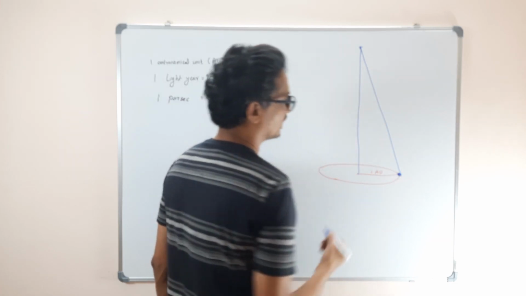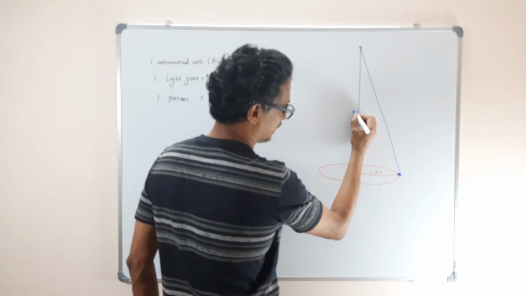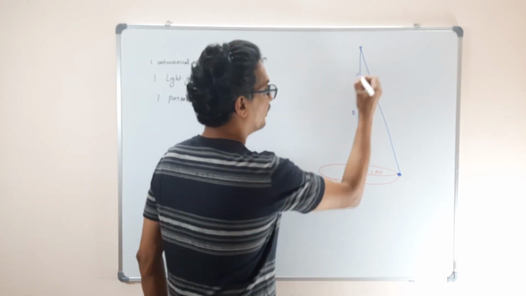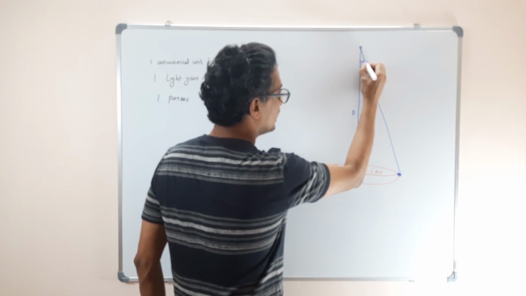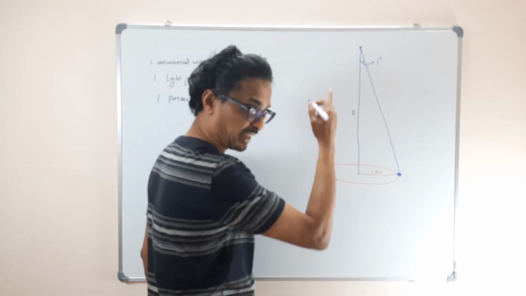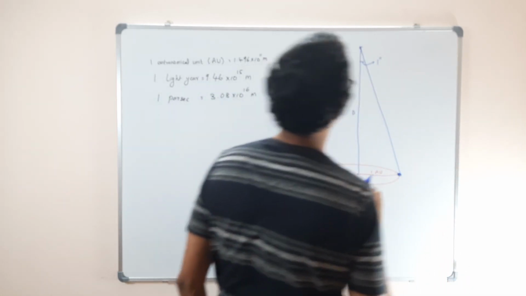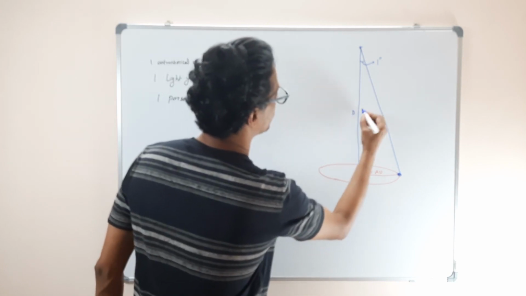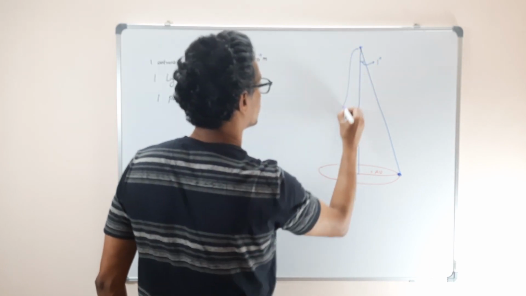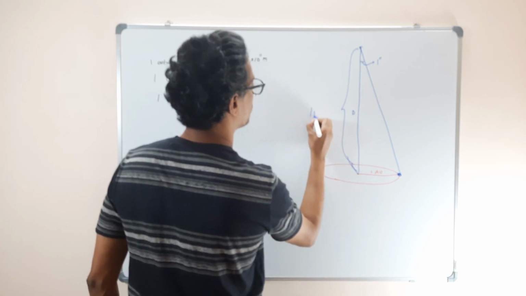Let me call the distance d, when your angle subtended is 1 arc second. Arc second symbol is this. You got it? So when your angle subtended is 1 arc second, then this distance is your 1 parsec.